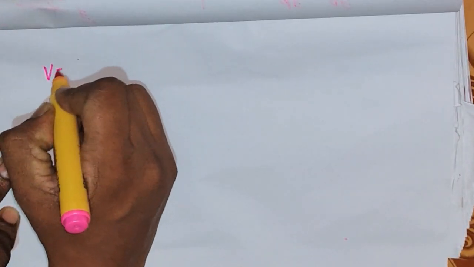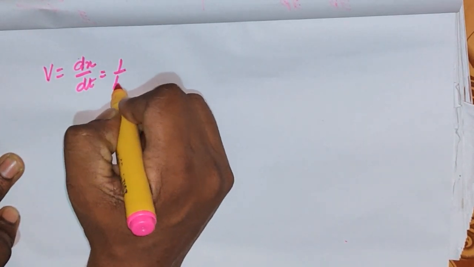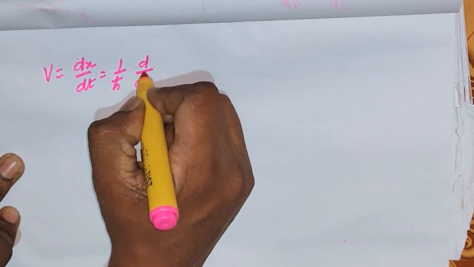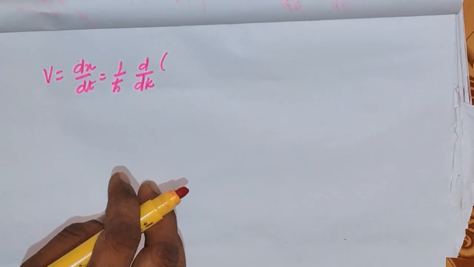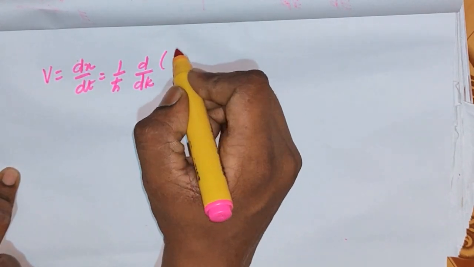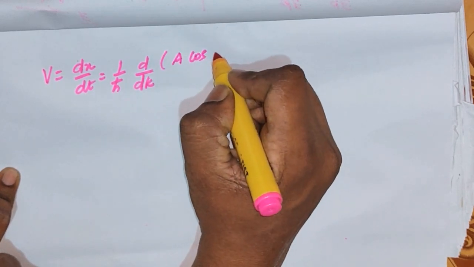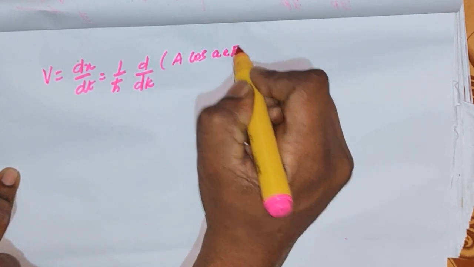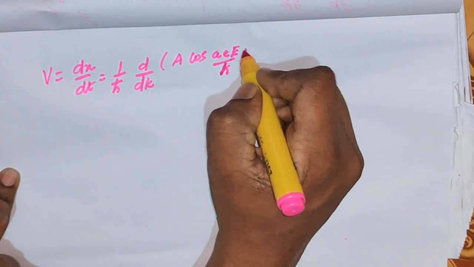So the velocity of the electron is equal to dx by dt, which is equal to 1 by h cut d by dk of the energy dispersion relation that we just derived. That is simply A, the amplitude, times cos of the lattice parameter, the charge of the electron, the E divided by h cut times t.